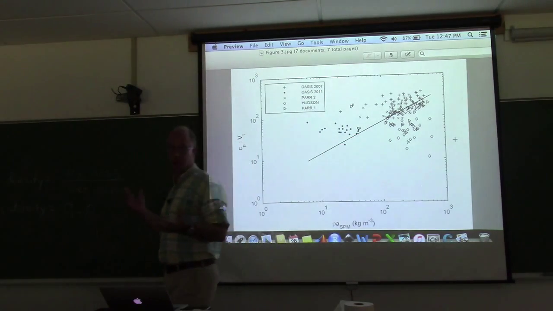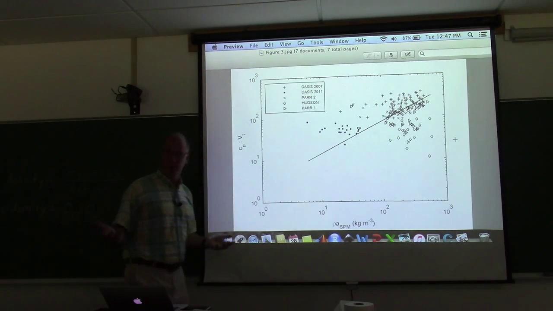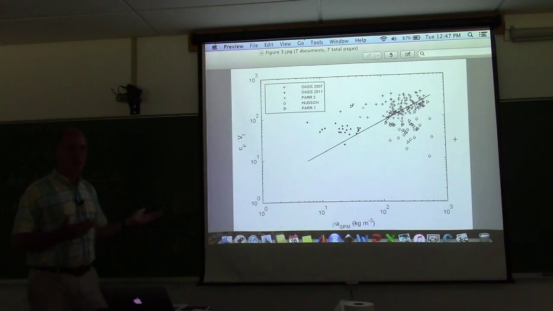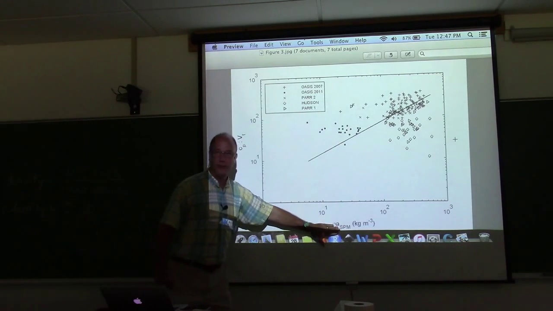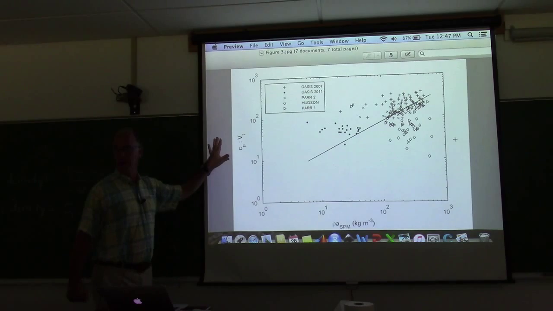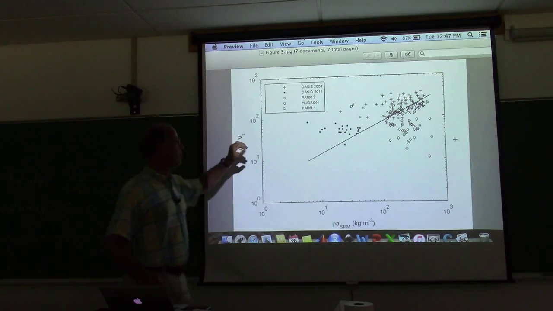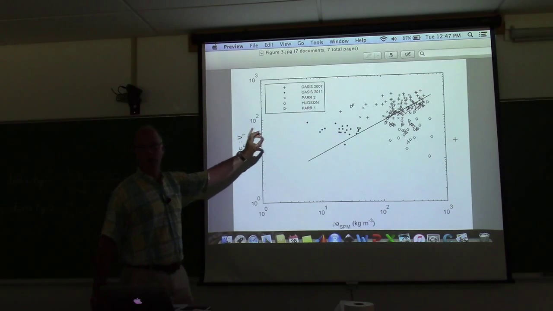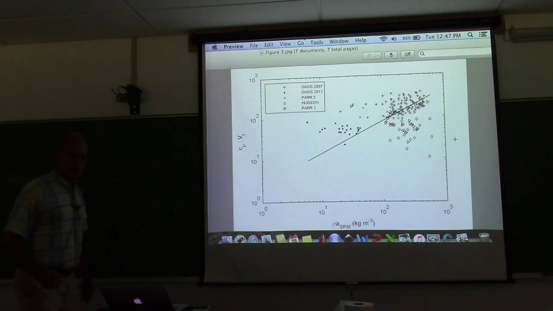So the slope of this line is more like 0.75 rather than 1. So still proportional. There's a good correlation there. You could use this as a proxy for this density, but it's no longer linear. So what this means is that with the LISST, you would end up overestimating your lower densities.